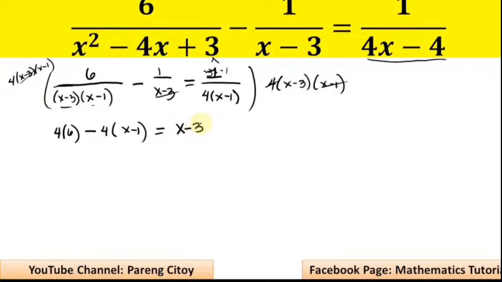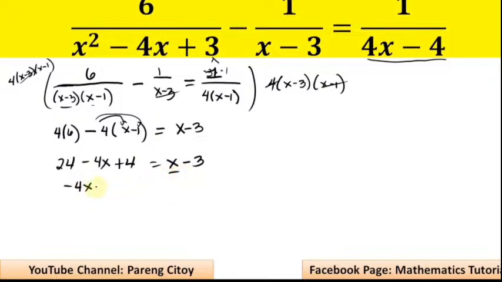Next, simplify. This one is 24. Then ito i-distribute natin. So negative 4x. Then this one is positive 4 equals x minus 3. Next, simplify. So negative 4x.